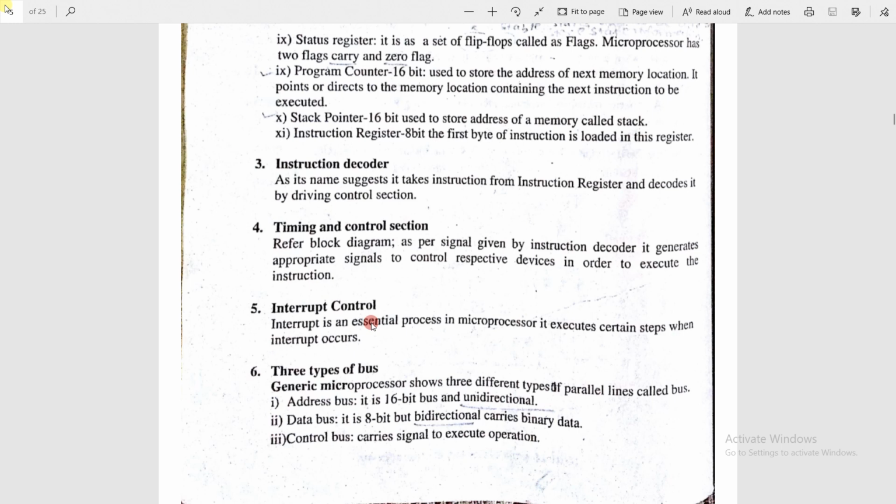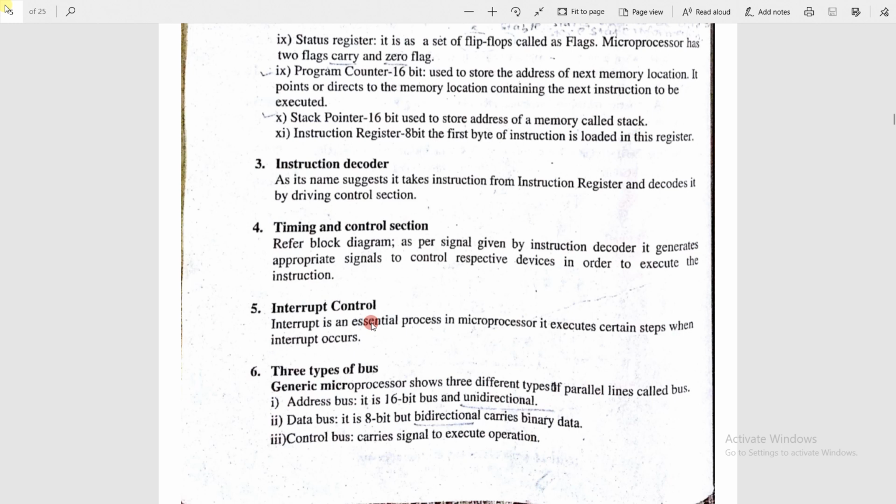Then, sixth one is the three types of buses. Buses are used to send data, or carry addresses. There are three different types of buses. One is the address bus. Address bus is a 16-bit bus and it is unidirectional. Unidirectional means it can only read the address.